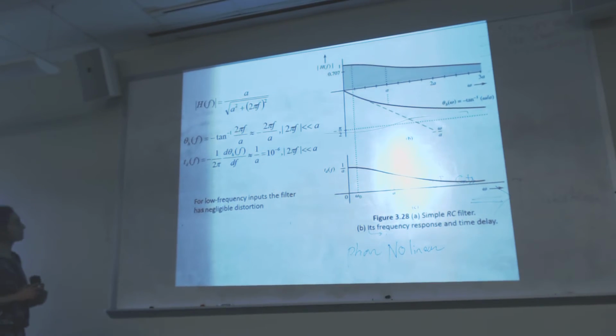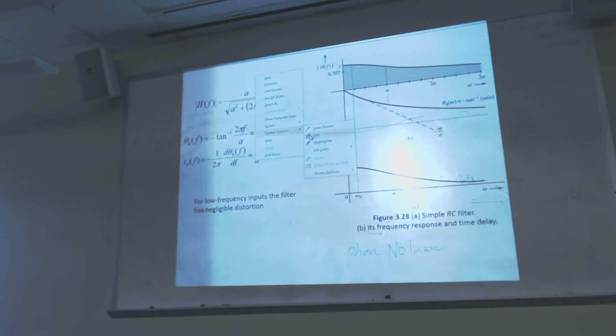The only thing that we can say is that if I'm looking at low frequencies, if I only have an input signal and I only consider the low frequencies, somehow I can consider the gain as a constant, and I can consider the phase as a line.